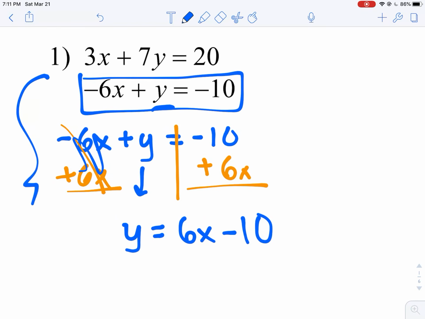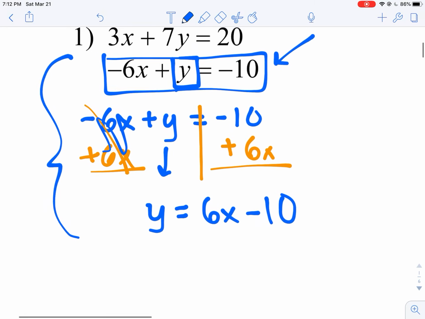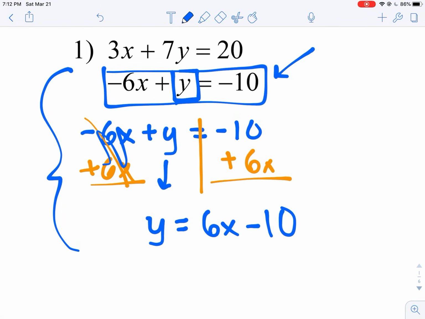So this is really the only new step. The new step for 9.2b is choosing one of our equations, the one that has a variable with the coefficient of 1, and reordering it so that I get my equation here in the bottom, y equals 6x minus 10. Once I've done that, now what I'm going to do is exactly what you would have done on 9.2.